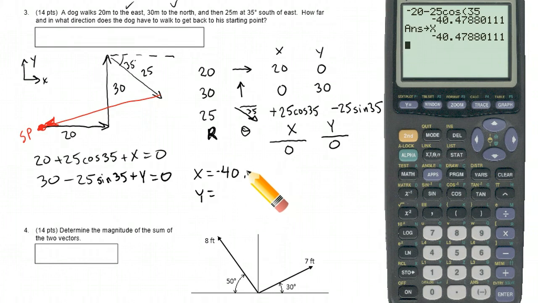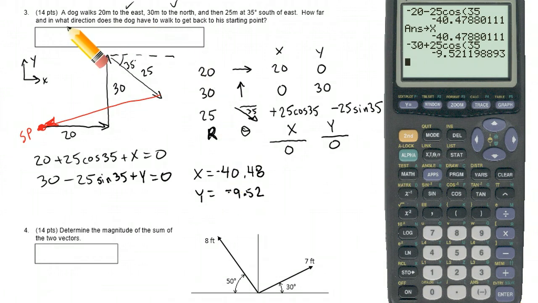Minus 40.48. Okay, same thing for y, minus 30 plus 25 sine 35. Careful with the numbers. Minus 9.52. Okay, so there's my two components.